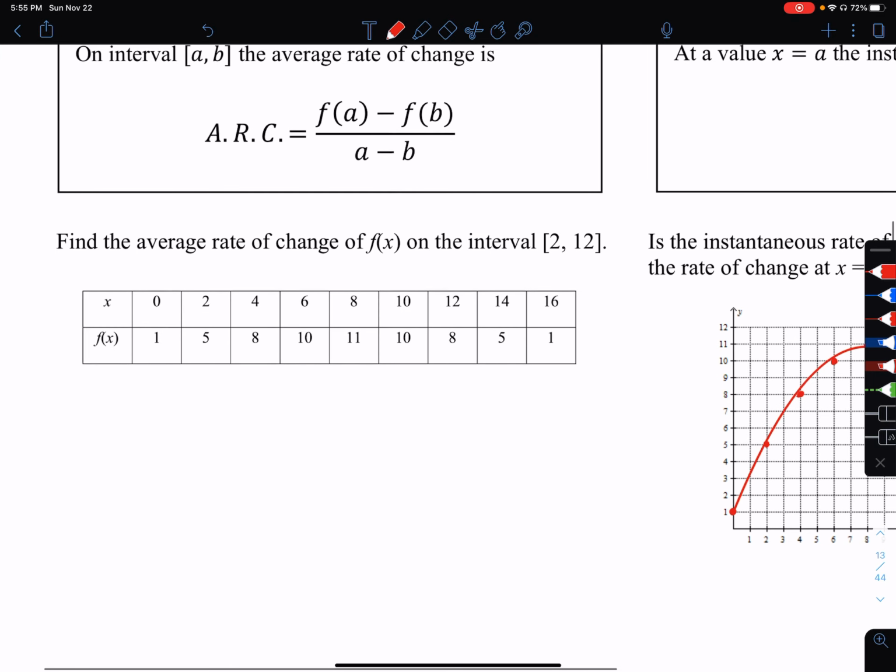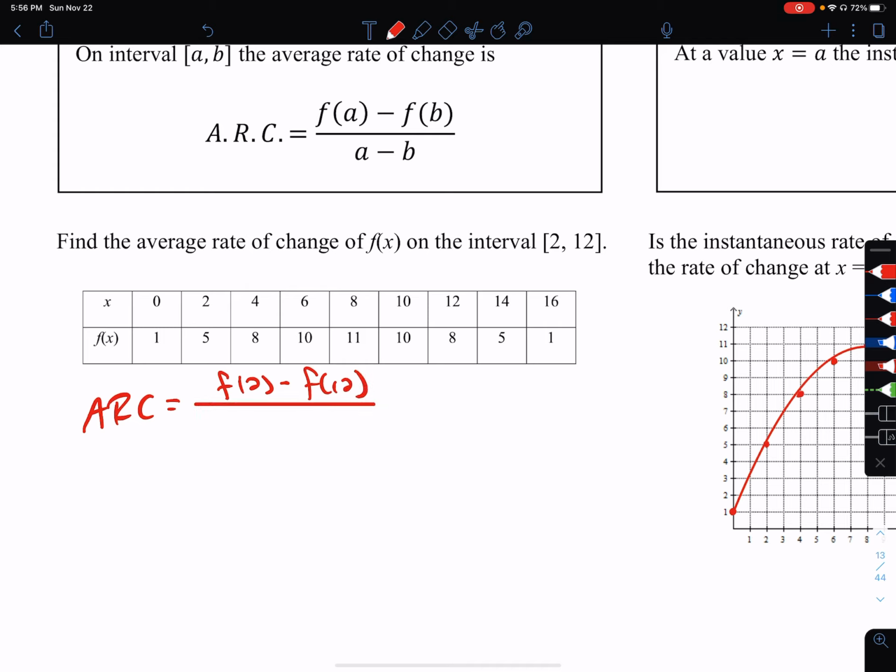Find the average rate of change of f of x on the interval from 2 to 12. Without looking at my table, I could say the average rate of change is going to be f of 2 minus f of 12 over 2 minus 12.